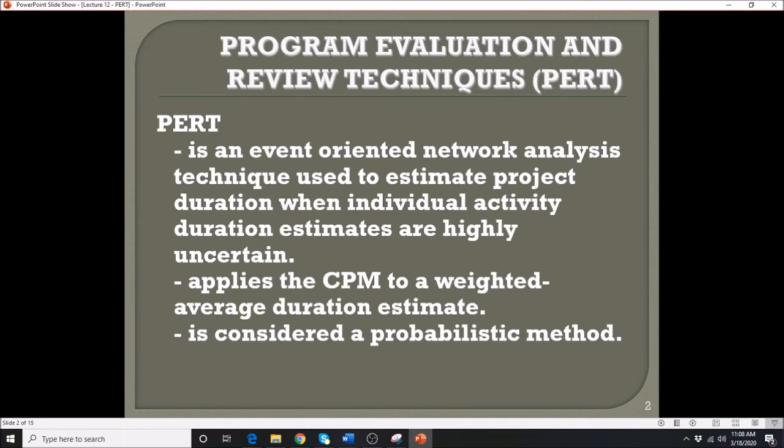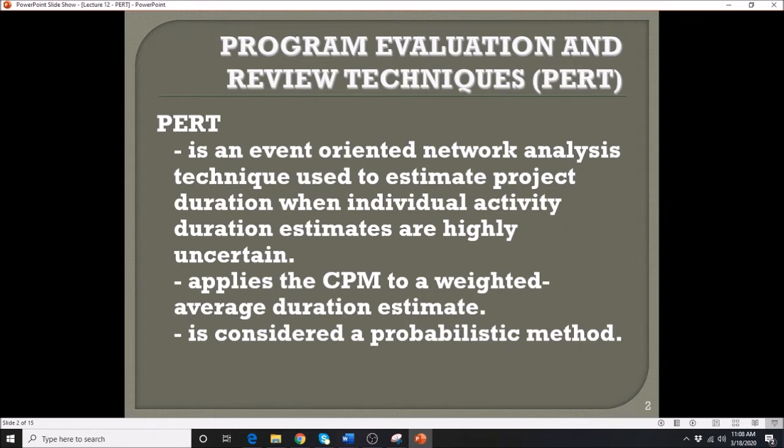So again, this particular scheduling method is commonly used for projects that have uncertainties on the duration of particular activities. PERT only applies to those activities that are considered critical, because the activities within the critical path are the ones that determine the duration of a project.